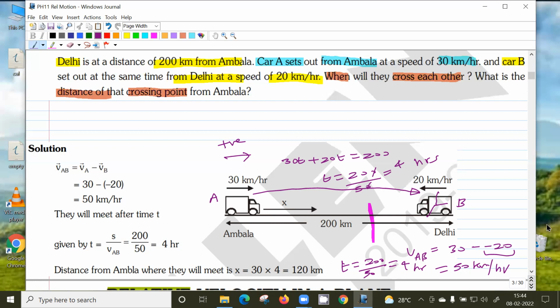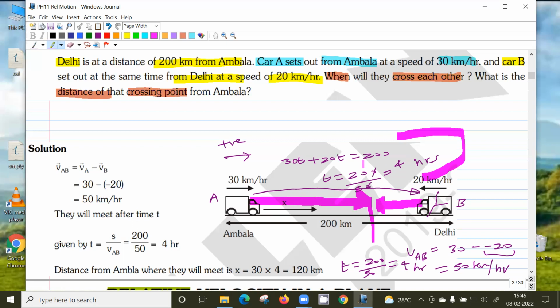So the normal method, which you understood, right? No, I used the relative velocity only. This is the normal method without using the relative velocity concept: the distance traveled by A is 30 into t, and the distance traveled by B is 20 into t, because they meet at the same time.